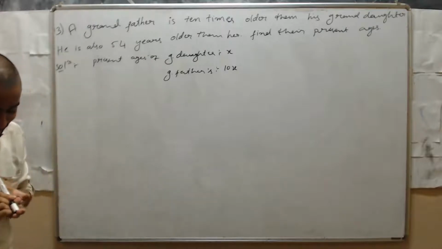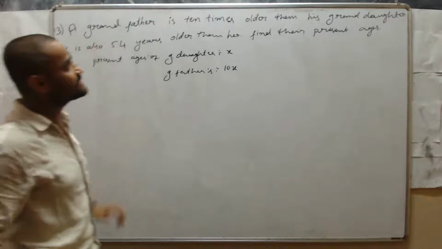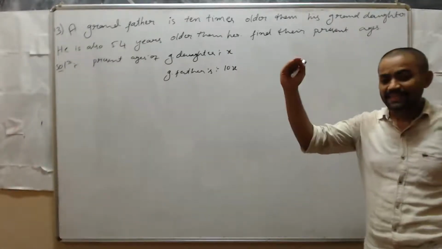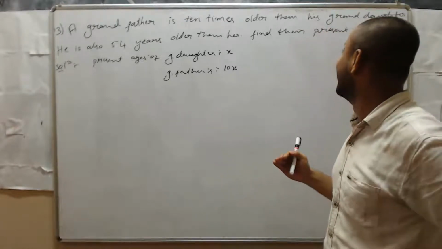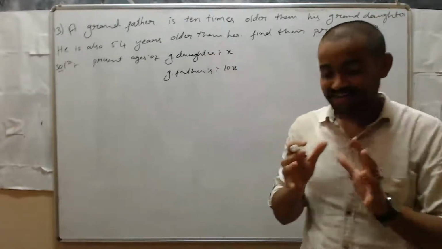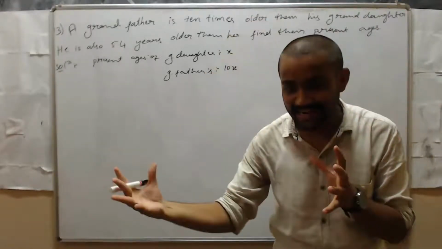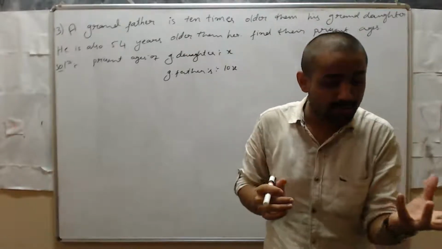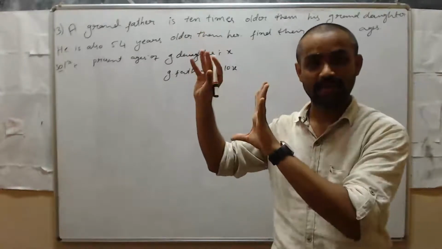First, we have to understand the question. What's the question? See, a grandfather is 10 times older than his granddaughter. Okay, sorry, that is, the grandfather is 10 times more than his granddaughter. Suppose the granddaughter is 1 year old, then the grandfather is 10 years.